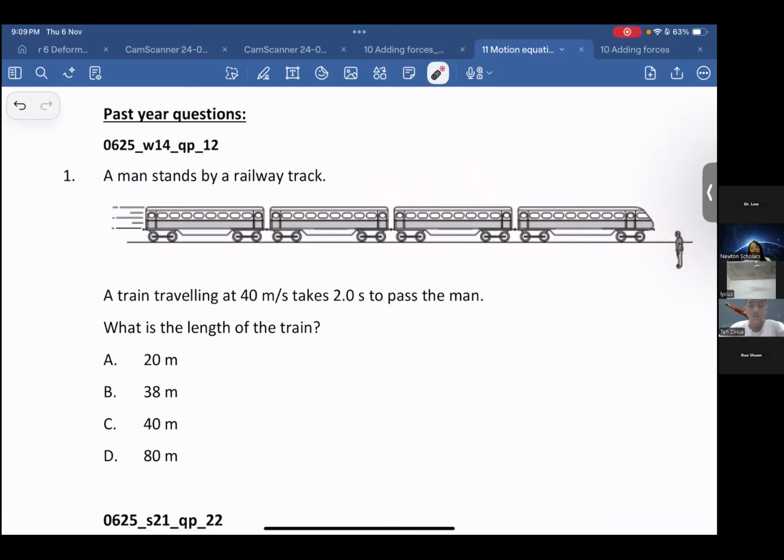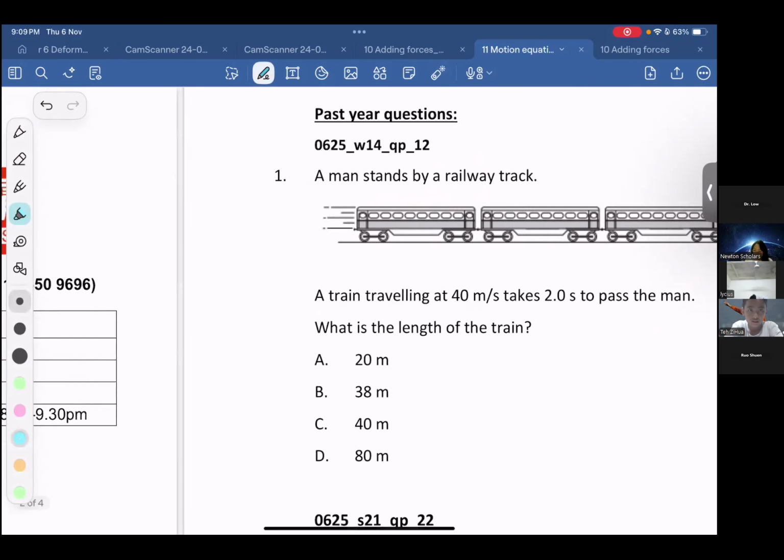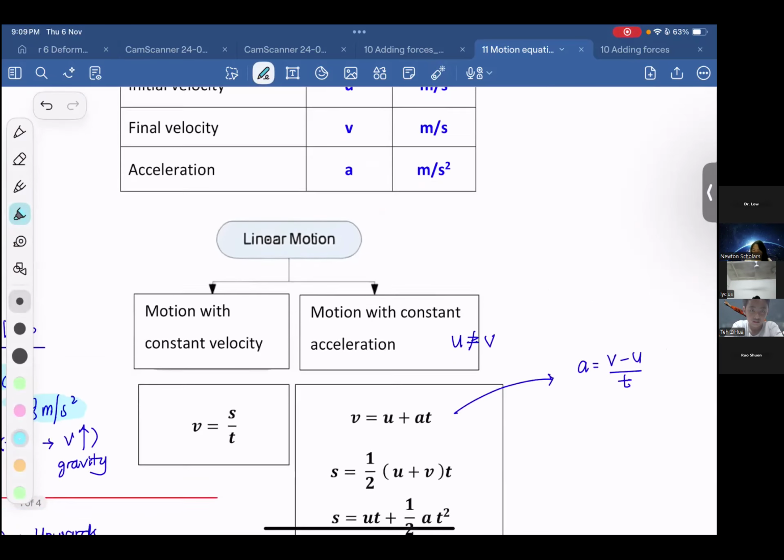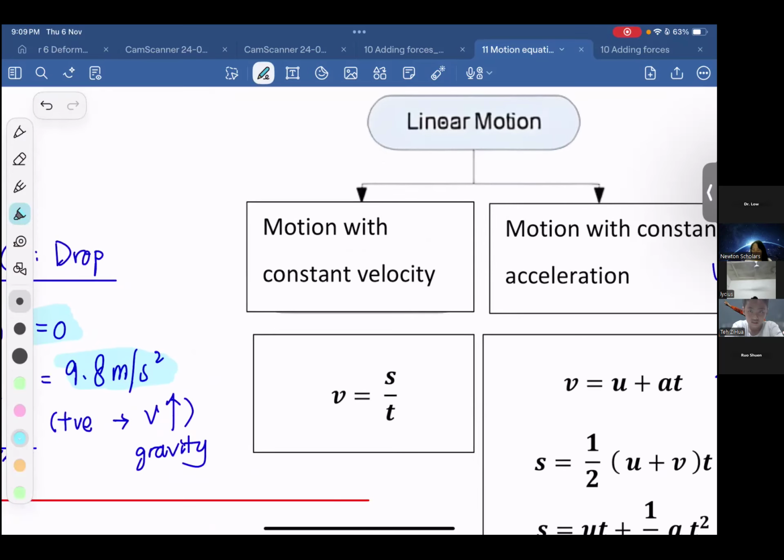What formula should you use to solve this question?